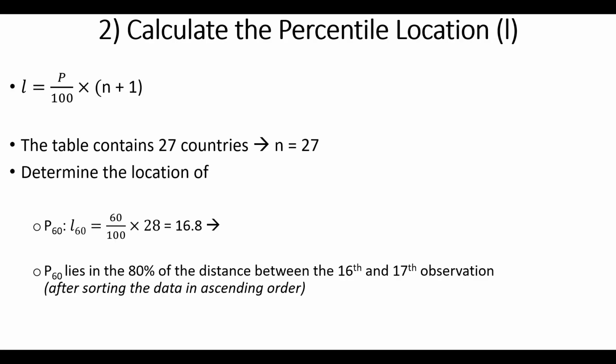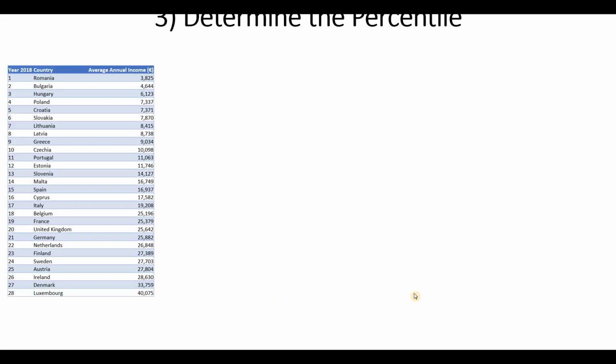And we determine the location of the 60th percentile, that is L 60th, equal to 60 divided by 100 multiplied by 28, and is equal to 16.80, and that means that the 60th percentile lies in the 80% of the distance between the 16th and the 17th observation after, of course, sorting the data in ascending order.